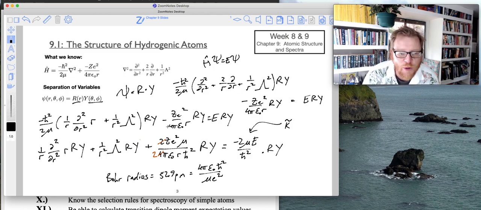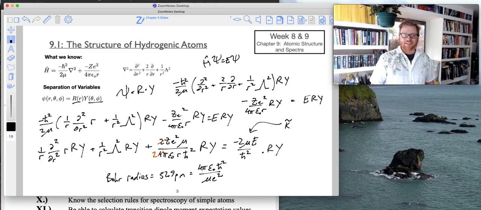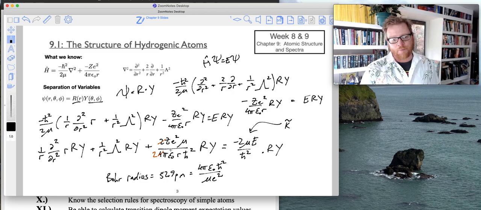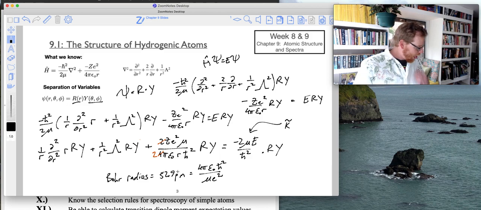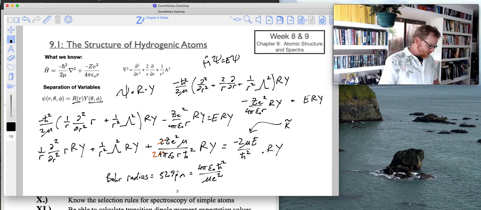So let's just compare those for 1 hot second, right? You can see that even though I reduced that 2 over 4 to be 1 over 2, and there's a 4 right here, basically this collection of constants is where we get the Bohr radius from. So we're going to see this manifest just in the same way we saw our other equations manifest.